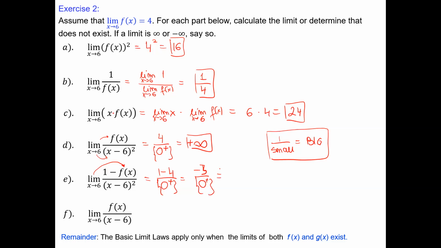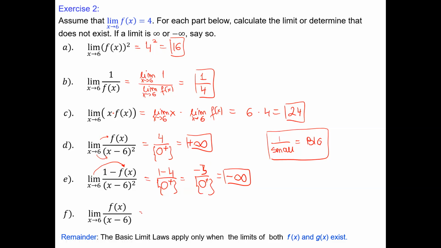A constant over a small number is a big number, but now we have negative over positive, so negative infinity. That's what I was referring to: respecting arithmetic, the numbers. But please remember, 1 over small is big, 1 over 0 is infinity, plus or minus.